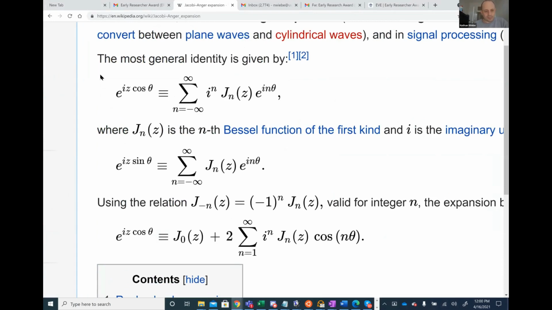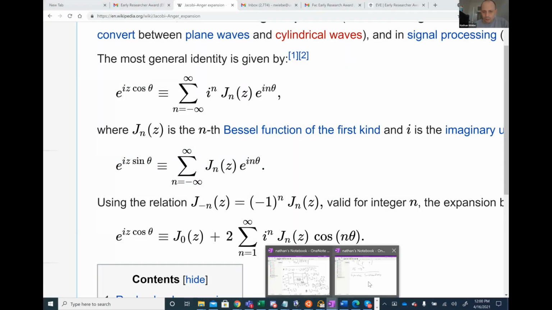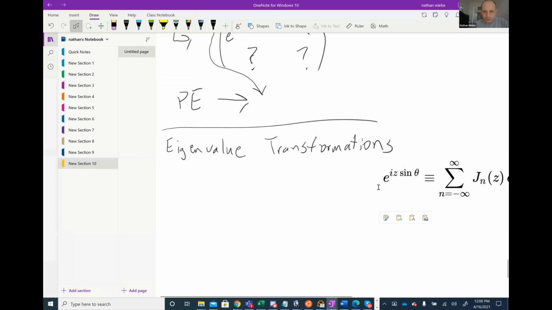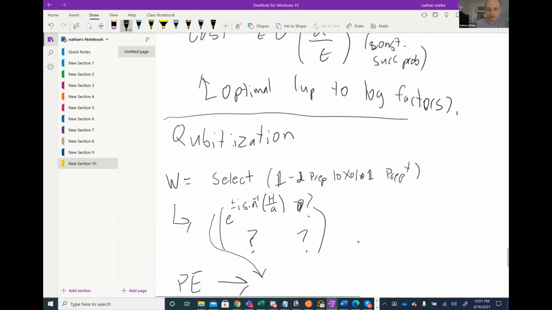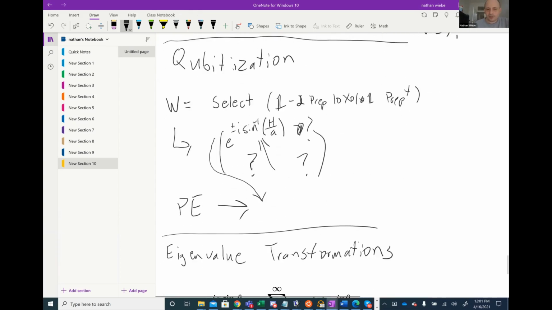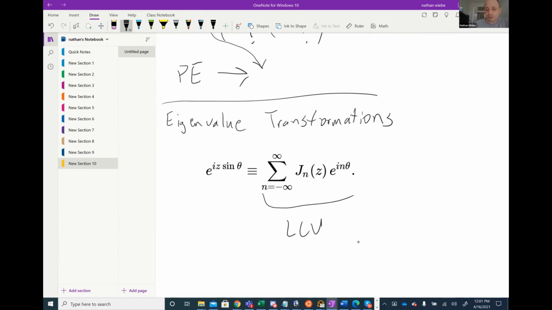The basic idea is that it gives you a way of expressing an exponential of a sine as a sum of unitaries. So if we wanted to undo this arcsine from qubitization and turn it into just the Hamiltonian, we can use LCU in this particular form to undo that.